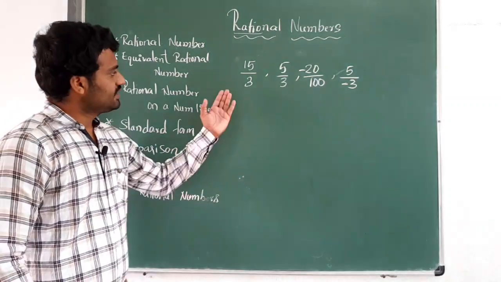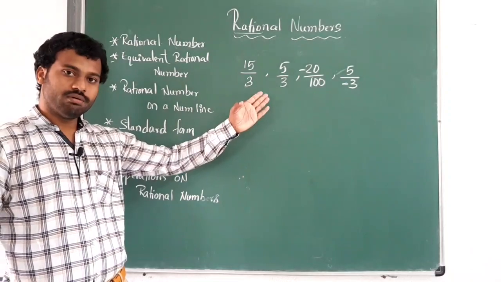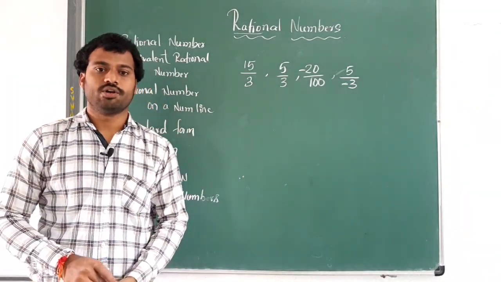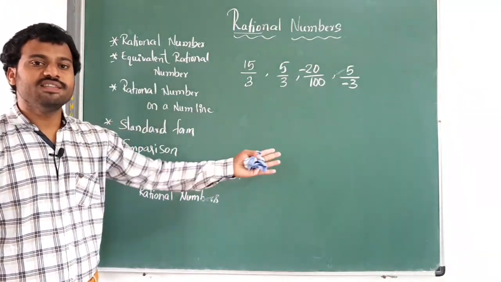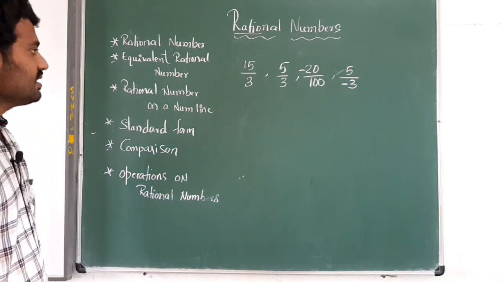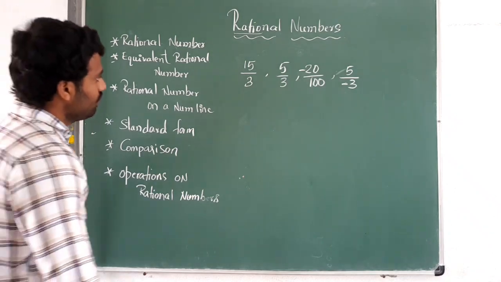Clear or not? These are all rational numbers. They are in the form of p by q, where p and q are integers, and moreover the denominator is not equal to 0. Among all these, which are in the standard form? Which numbers are in the standard one?